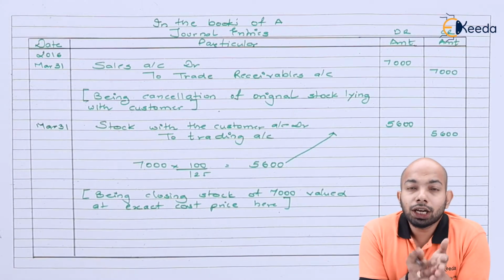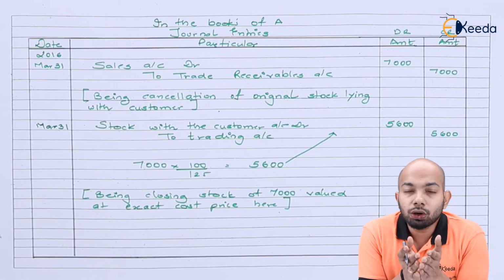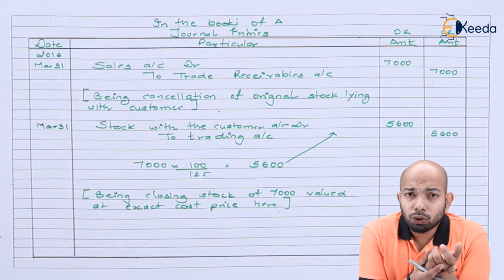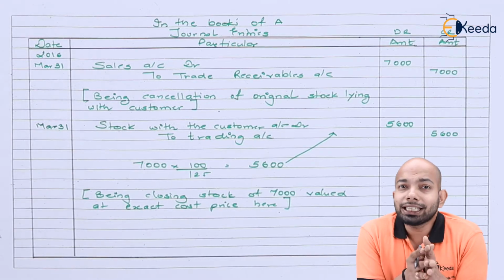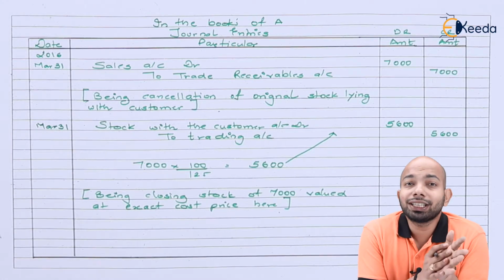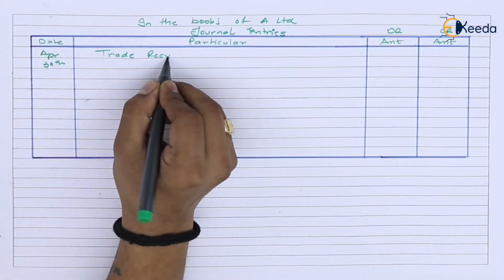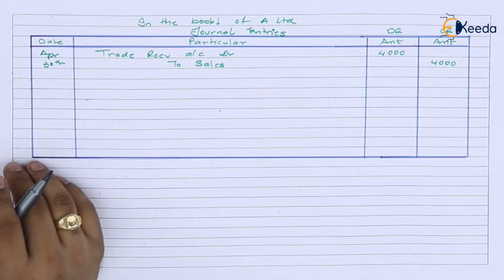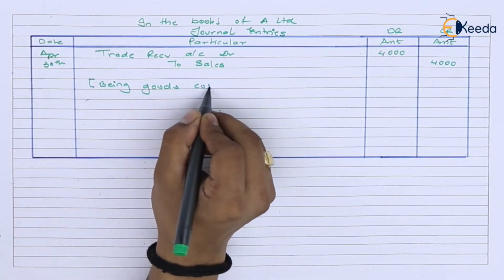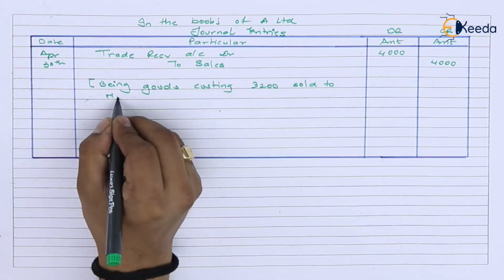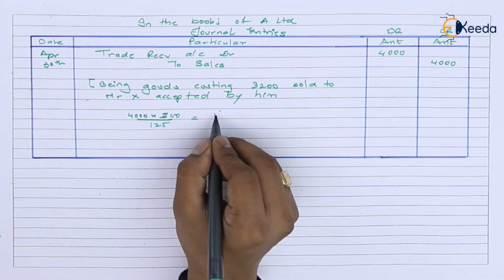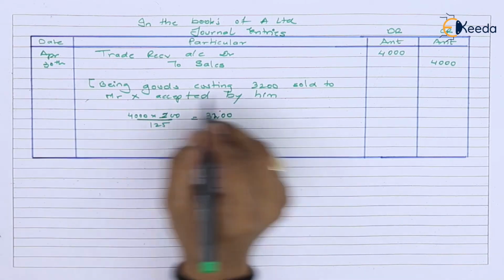Now, according to that, we have to make sure that whatever balance has been sent out as acceptance is gone, and whatever is left will be taken into consideration. So let's go ahead with the next entry now.